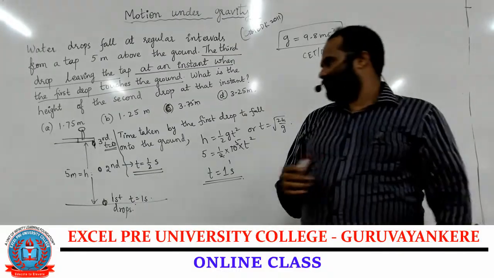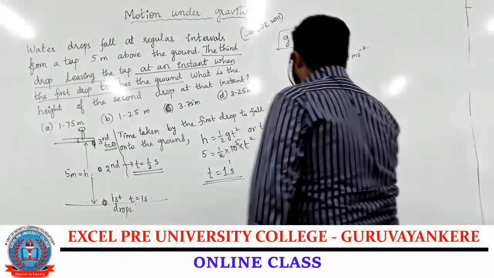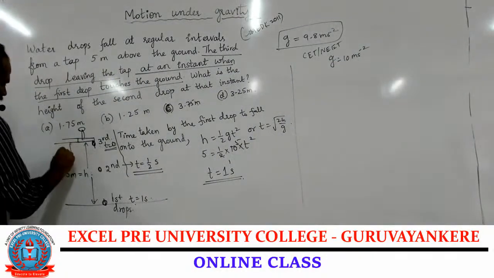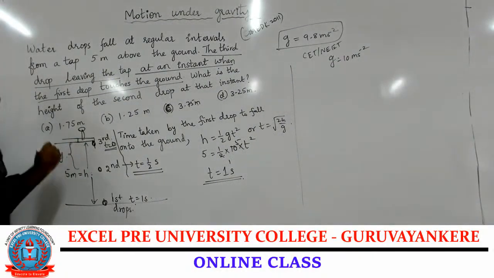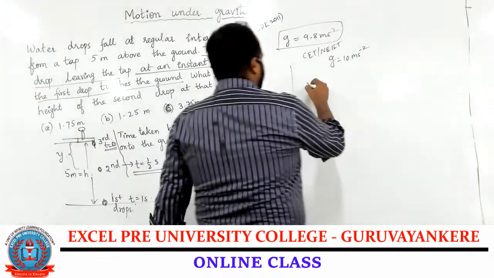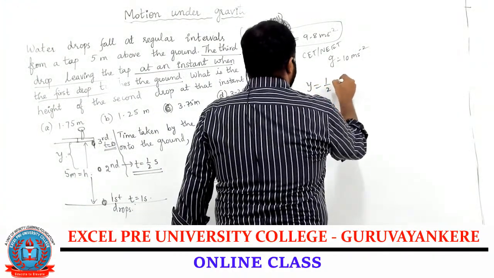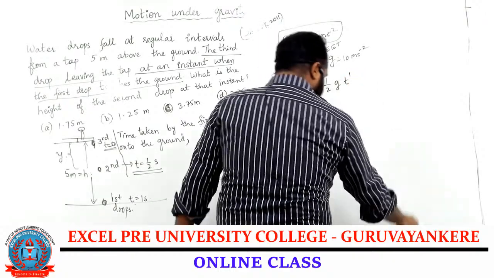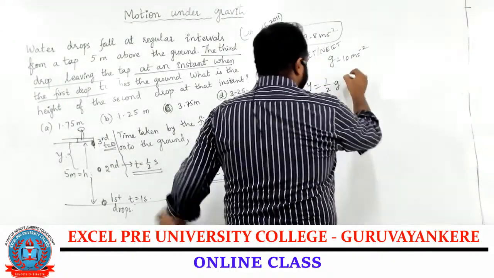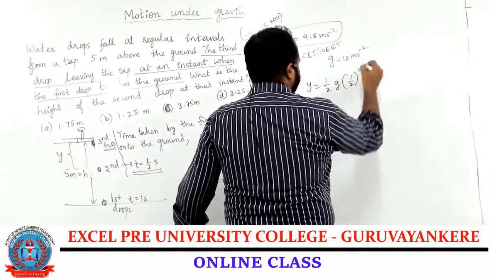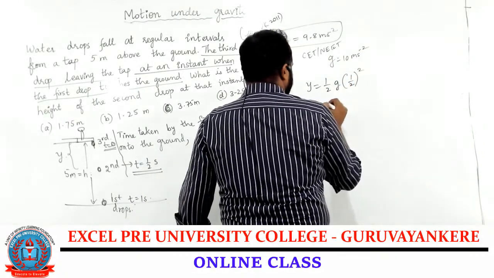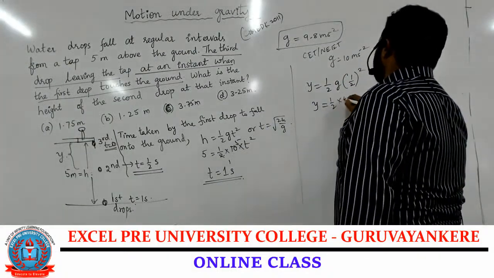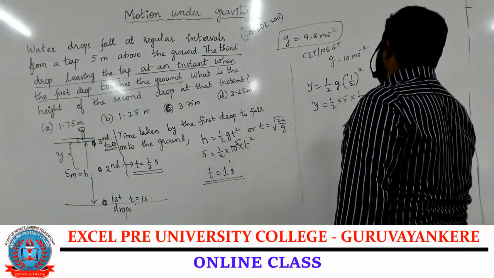Hope you understand. So the second drop falls through height y. The second drop's displacement is y. y is equal to half g t squared, with t equal to half. So y should be half into 5 into 1 by 4.